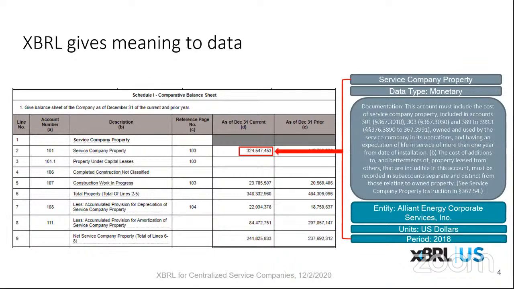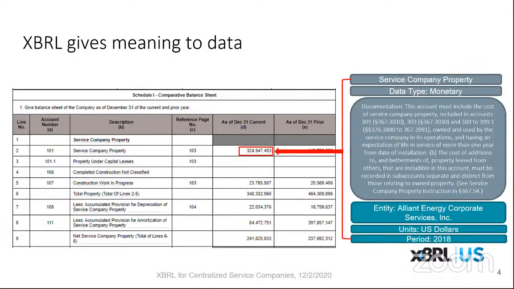The main idea with XBRL is that rather than referencing data by a cell reference on a form, you move to a standardized term that can be shared across forms, so that data can be more useful. You don't have to have intimate knowledge of the form and how it's structured to understand the data. And obviously one of the problems with the form is that if you change the form, if you add some rows, then the meaning of all the data changes.